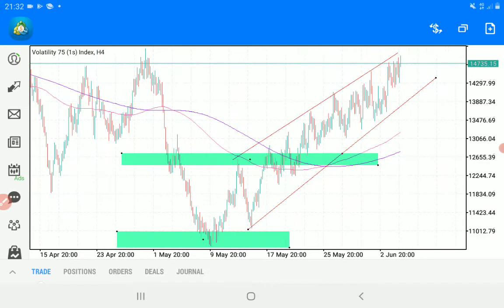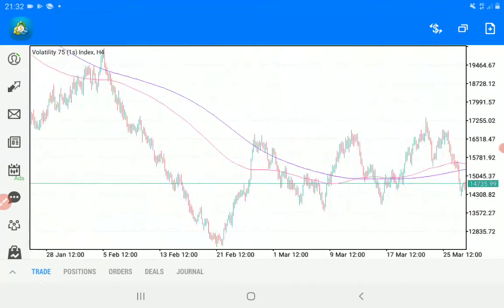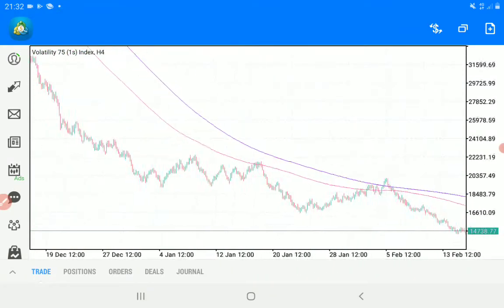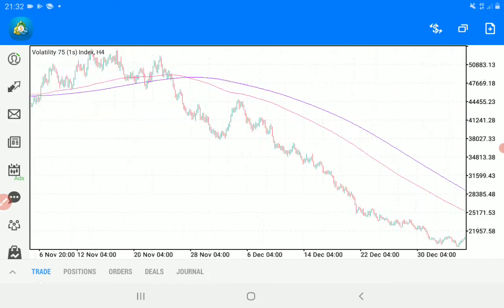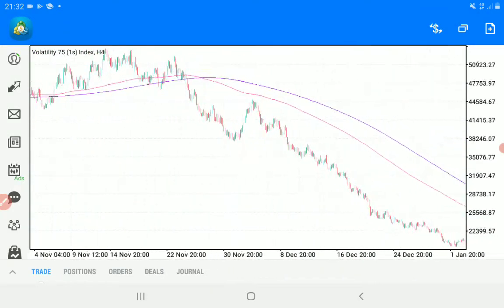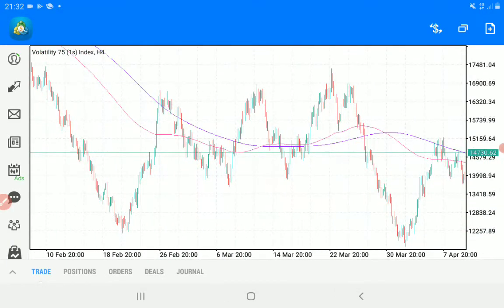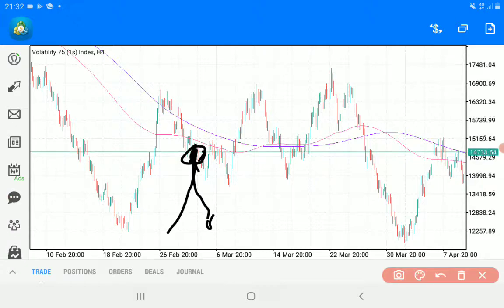That is a strong support, because from the past you can see that that is almost the lowest that the market has reached. You see, so this is how you see it.